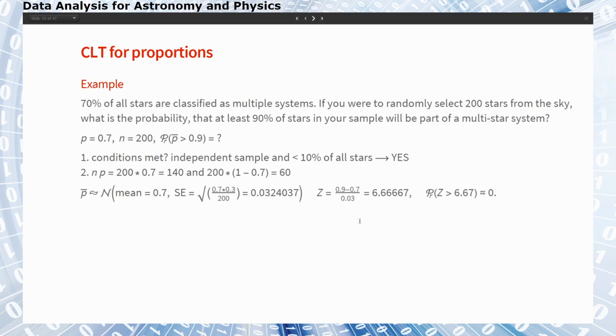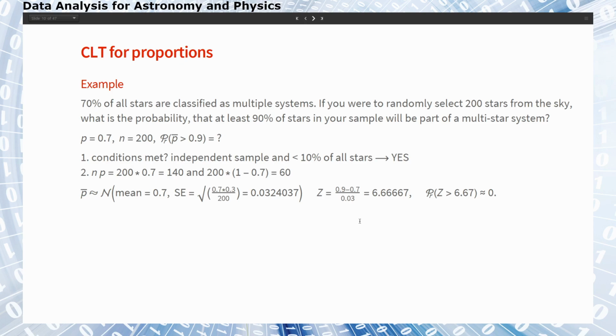Let's first check whether the conditions are met. We have an independent sample, yes, as stated in the text. And we are looking at approximately less than 10% of all stars, yes. Our binomial distribution should approach the normal distribution, and the criterion that we had was that the products n times p and n times 1 minus p are sufficiently large, and these conditions are also met.